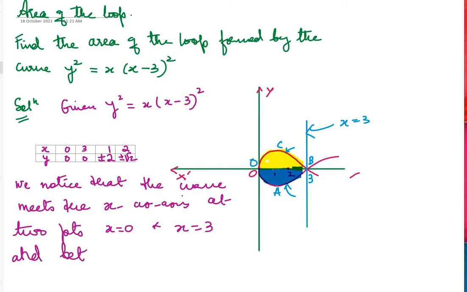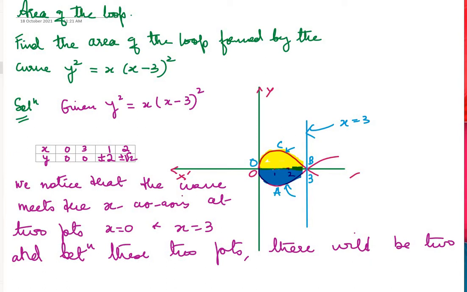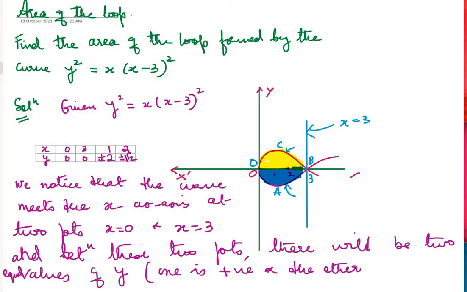And between these 2 points, there will be two equal values of y, one positive and the other negative.